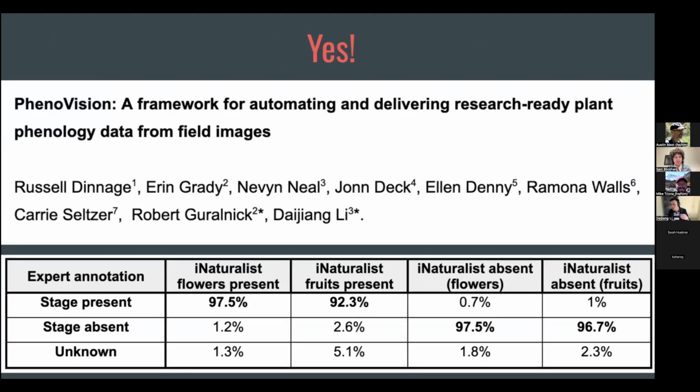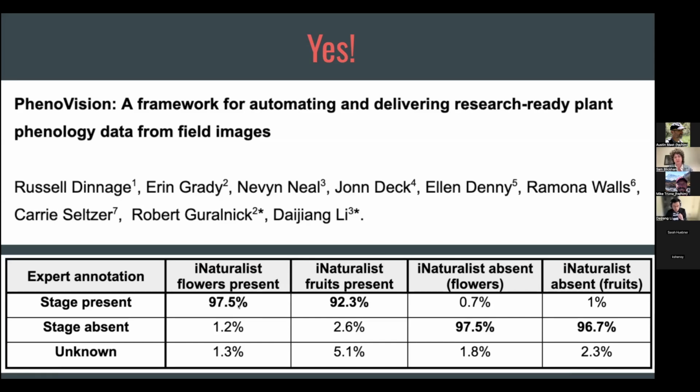Here I will quickly walk through some of the performance data we get. This is the expert annotation, where we look at presence and absence, and the column numbers are from the final version models.